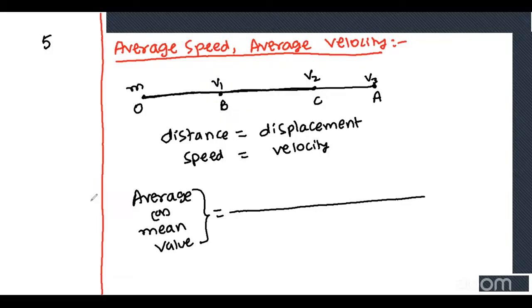They may differ by minutes or by seconds. Suppose the reading in each watch I'm indicating with X. If I'm having 5 readings, the sum of all the 5 readings divided by the number of readings or number of observations can be called the average value.